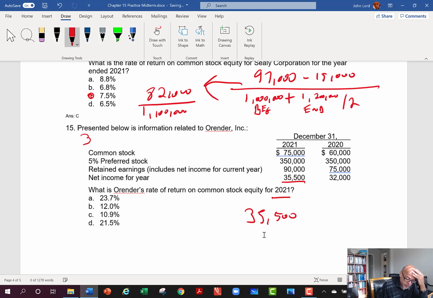So I sit here and I say, well, 350,000 is my preferred times the 0.05. I don't have to do the multiplication of shares times the par value because it just gave me the total dollar amount.